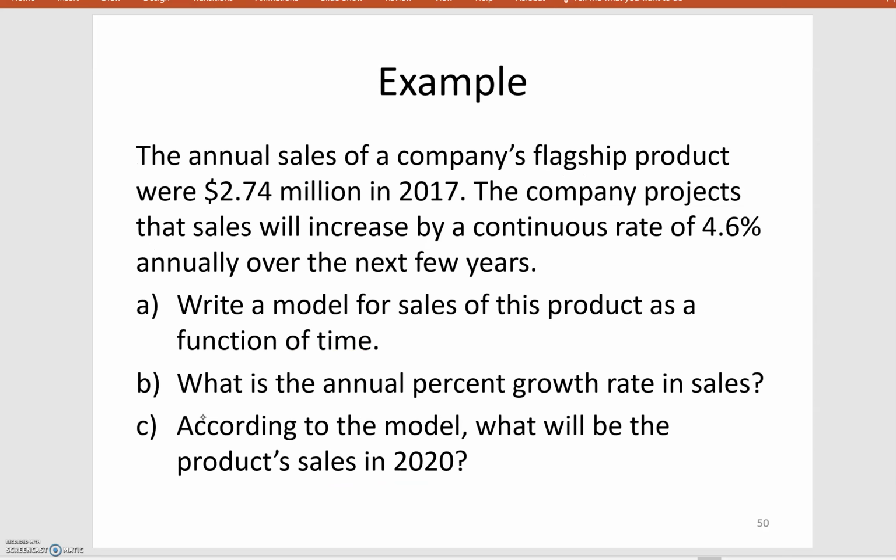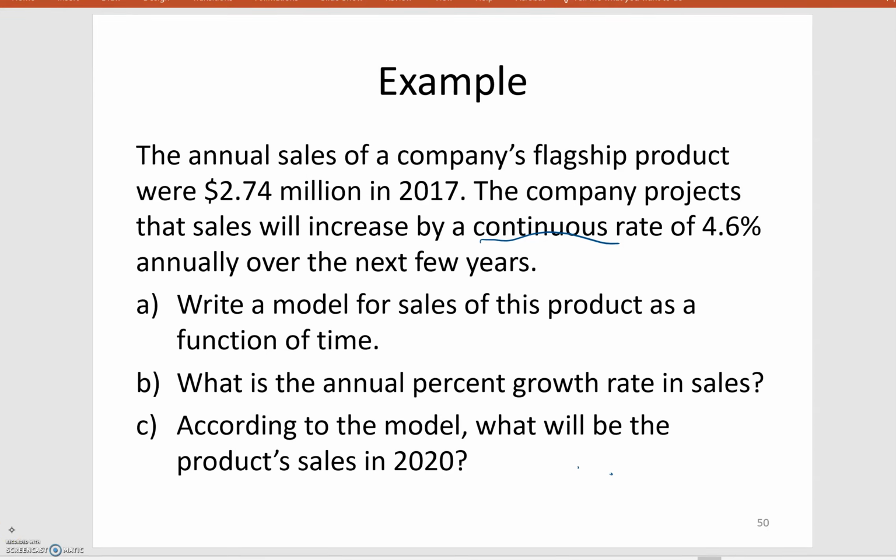Okay, we've got another example here. The annual sales of a company's flagship product were 2.74 million in 2017. The company projects that sales will increase by a continuous rate of 4.6% annually over the next few years. Write a model for the sales of this product as a function of time. So this isn't a financial model, really.